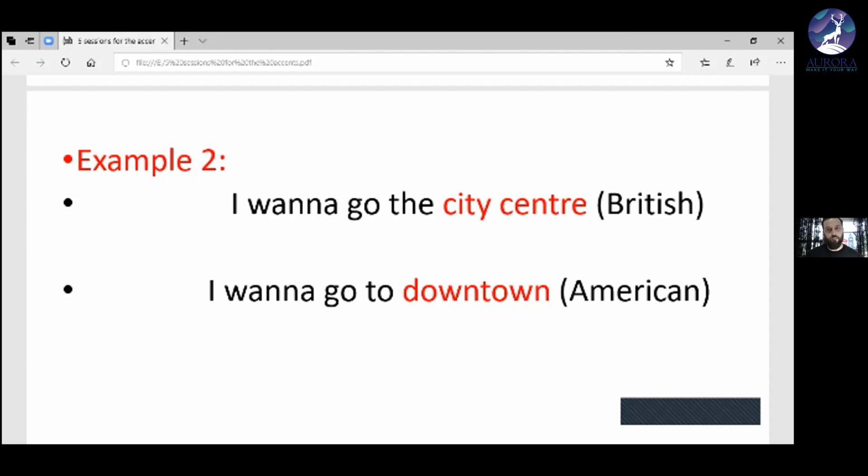Yeah, I know that. But imagine that you know only the American accent, you will be confused. So the American is, I want to go to downtown. So this is the American. The difference between them: city center for the British one, downtown for the American one.